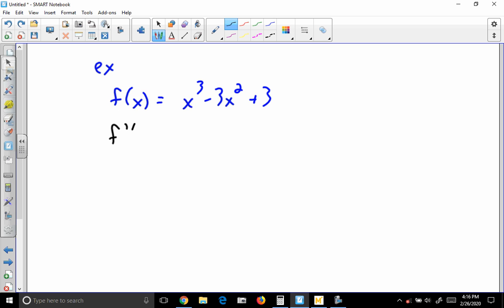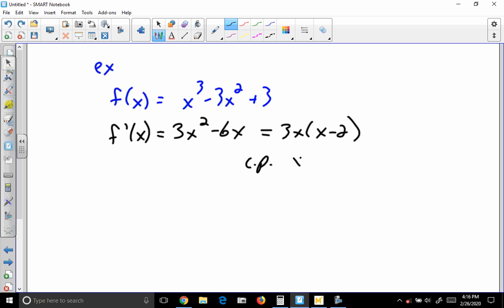So we need to begin by finding our critical points. So our derivative is 3x squared minus 6x, which factors to 3x times (x minus 2). So that means our critical points are x equals 0 and x equals 2. 0 makes this 0, 2 makes that 0.